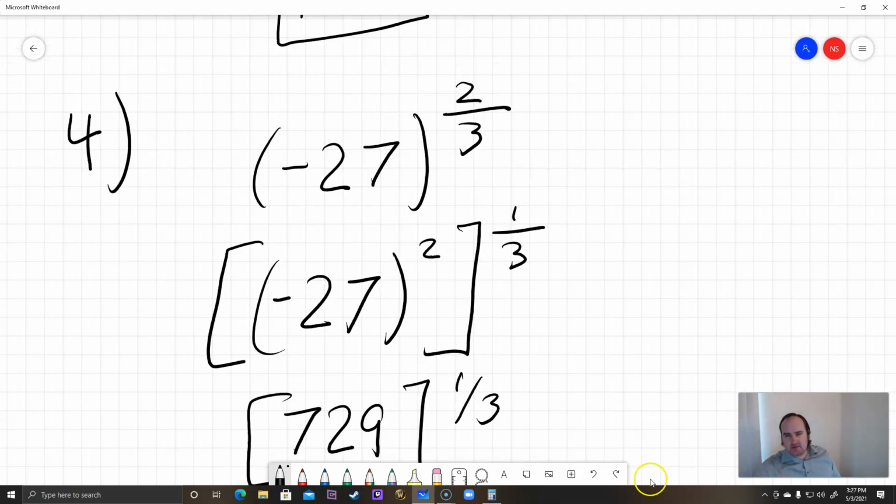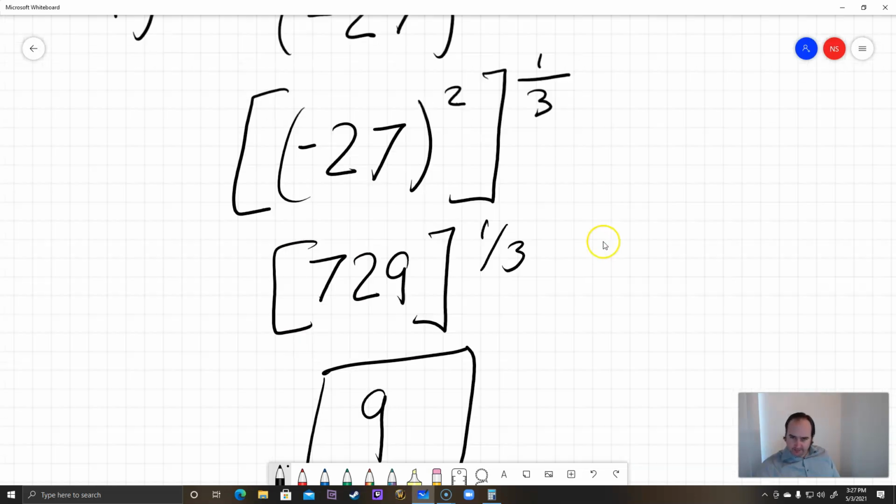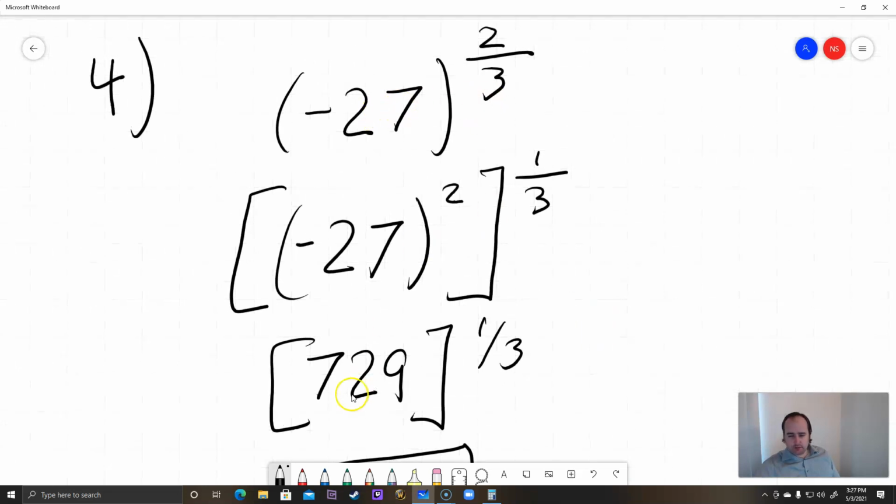Okay, and actually at the beginning of the problem, we could have just done the entire thing right at the beginning on our calculator. So if we do negative 27 to the 2/3, your calculator should also give you 9. So here, let me show you.